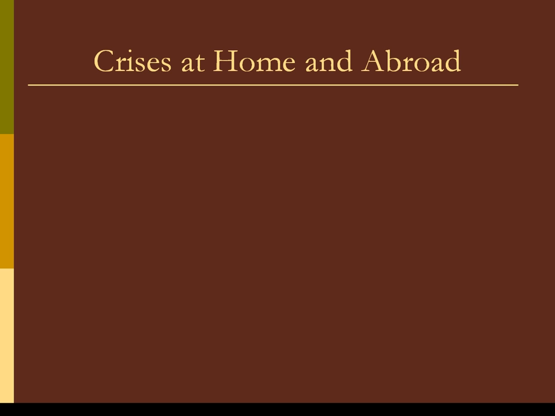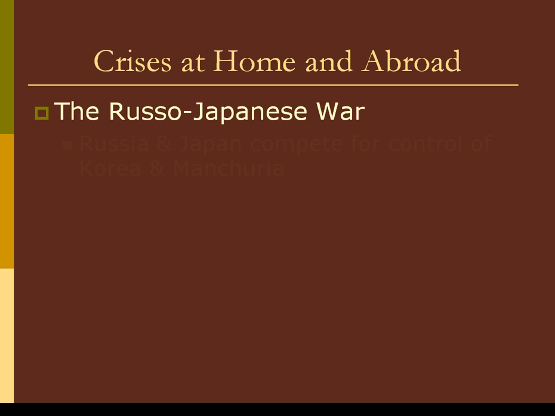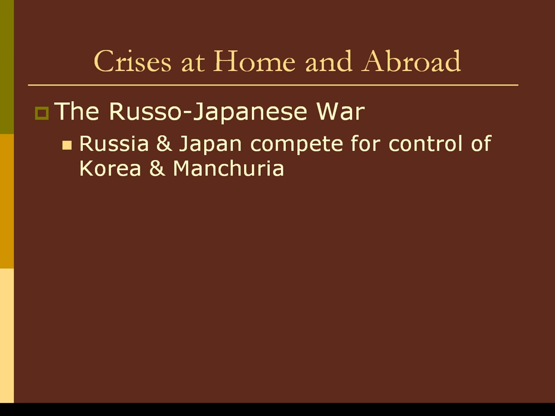So by the early 1900s, many events start to take place, none of which are good for Russia. The first is the Russo-Japanese War, and we've talked about this before. Japan's intent was to come out and try to start taking over areas for the purpose of imperializing.